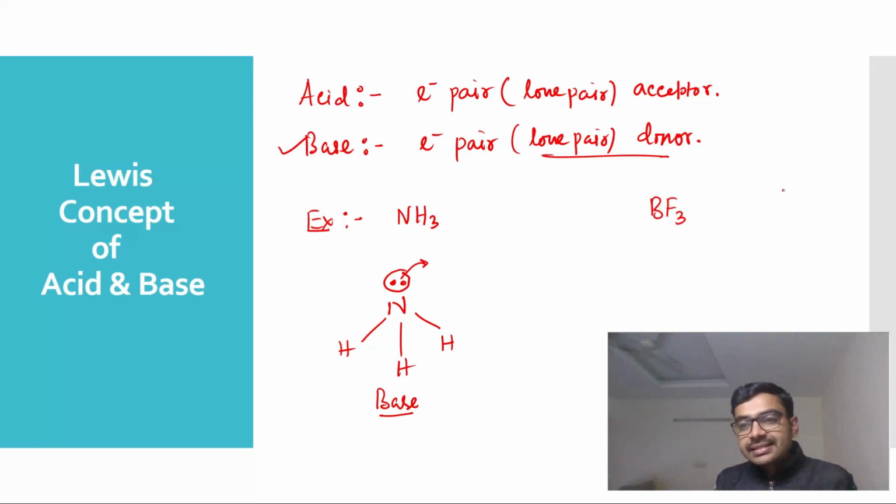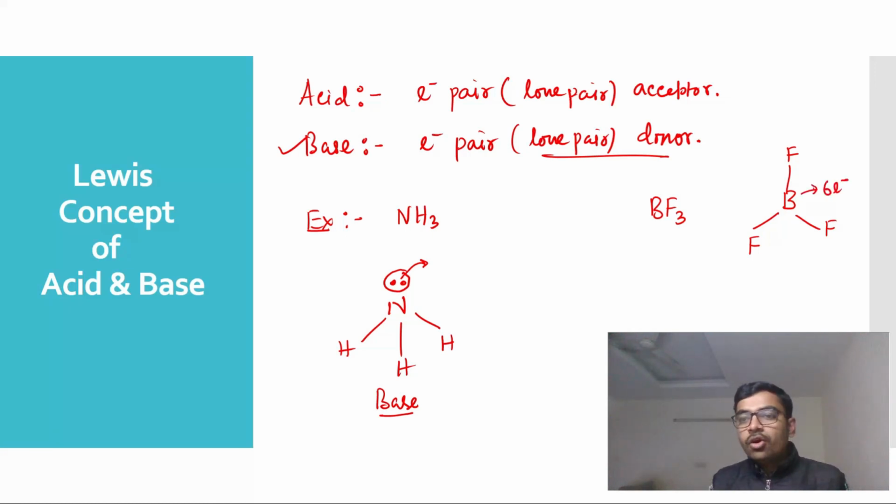Suppose consider another molecule, that is BF3. If you see the structure of BF3, the boron atom contains 3 B-F bonds. Now you know one bond means 2 electrons, so 3 bonds means the boron atom contains 6 electrons.